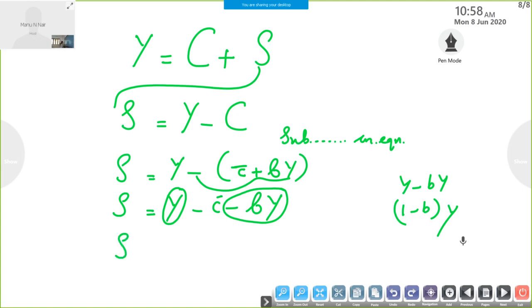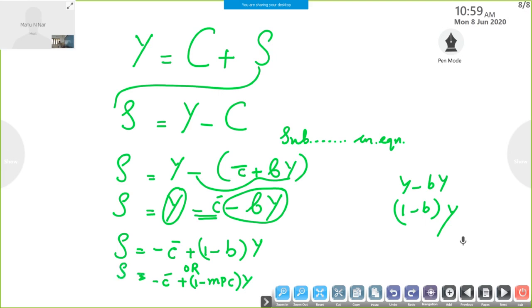So S is equal to minus C dash plus 1 minus b, or we can write minus C dash plus 1 minus MPC into y. This is our saving equation.